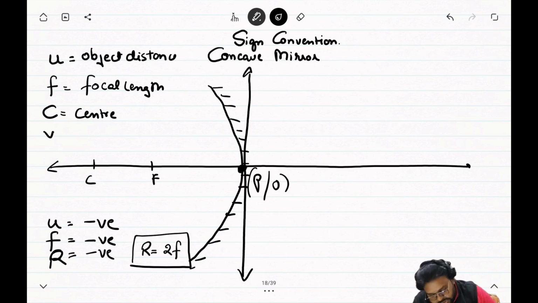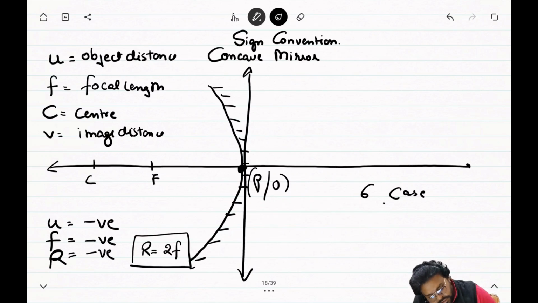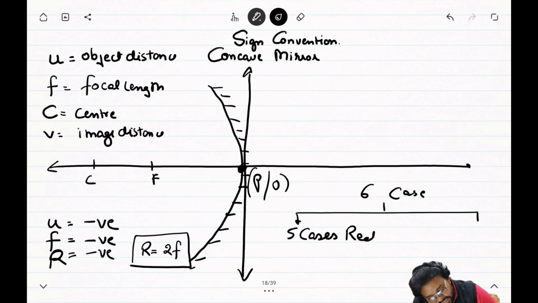Talking about the image distance, v is the image distance. We have seen six cases, out of which 5 cases give me a real image, and the sixth case gives me a virtual, magnified image.